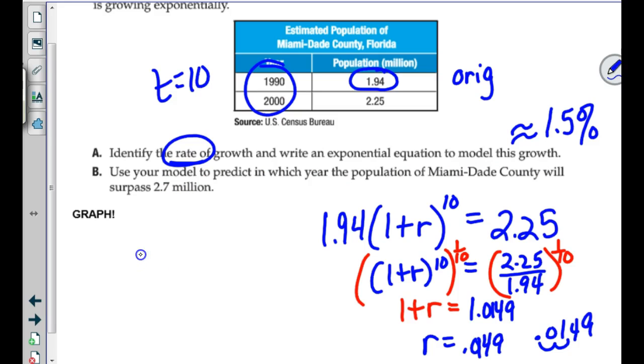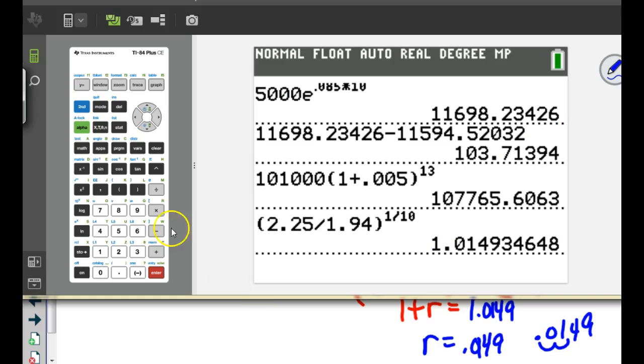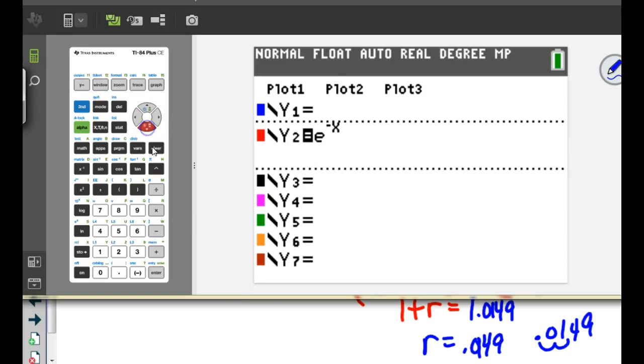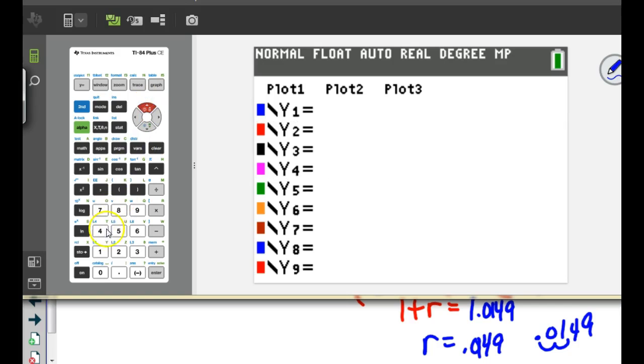Okay, so we're going to put in our graphing calculator. Everybody ready to try this? Okay, 1.94 times 1 plus 0.0149. Yeah, I would actually like to do more places than that, but we're going to leave it.